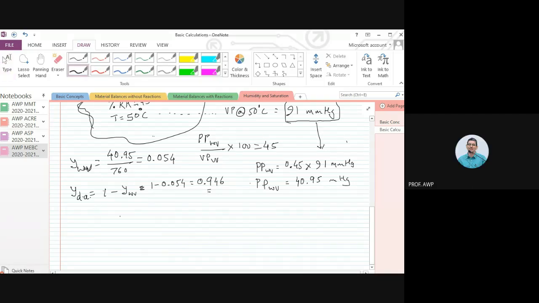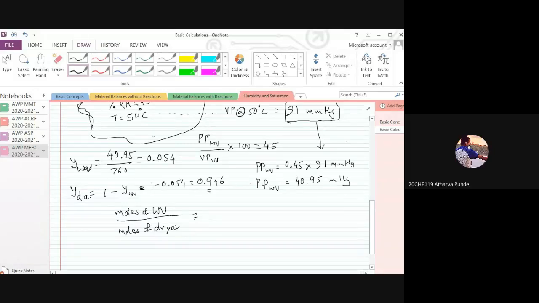Can you tell me what is the moles of water vapor divided by moles of dry air? How will we calculate that?